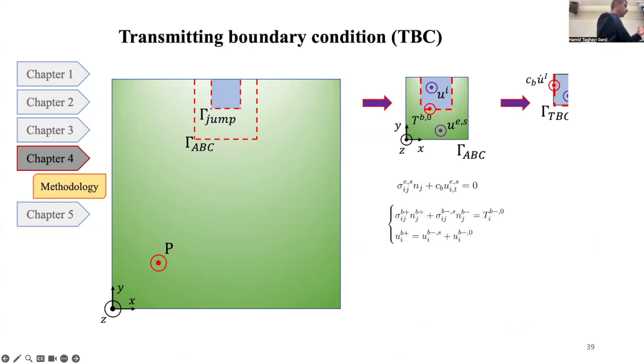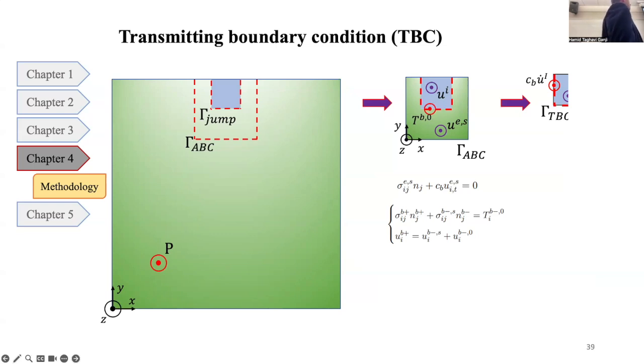In general, we are interested in solving problems in which the length of this exterior part is very small. The most optimum case would be placing this absorbing boundary condition exactly on top of that jump condition. In that case, we have the transmitting boundary condition, which not only generates the incident waves, but also absorbs the scattered waves.